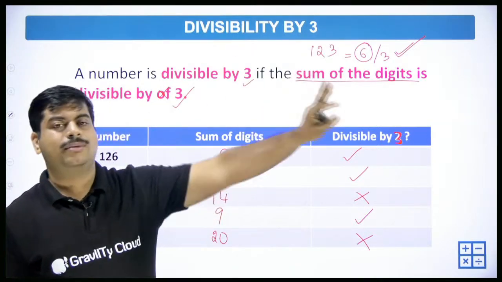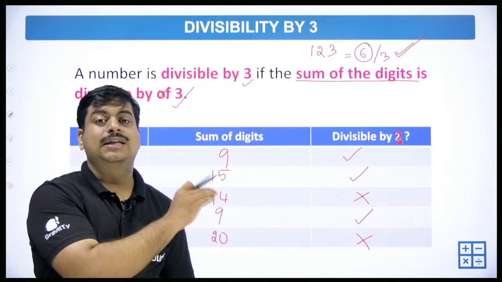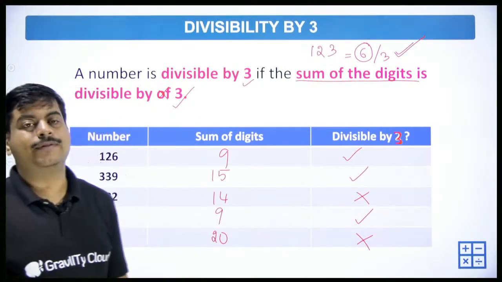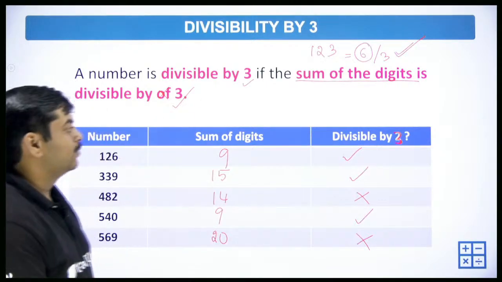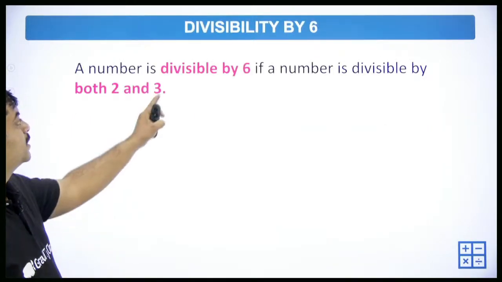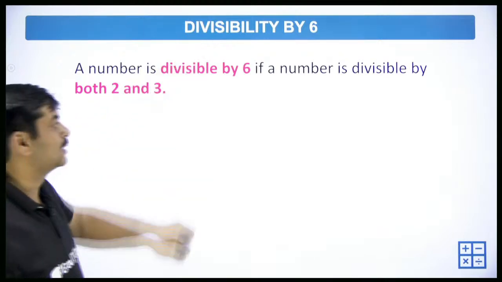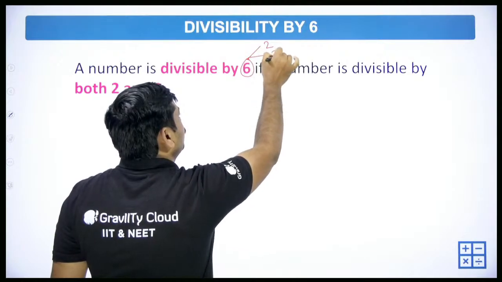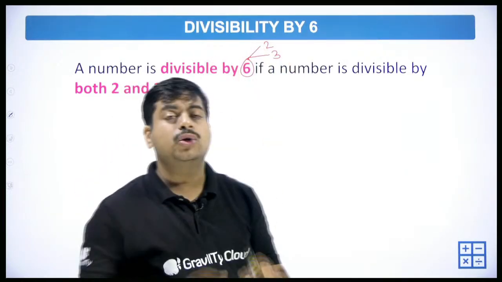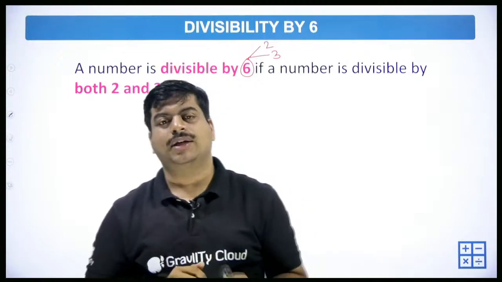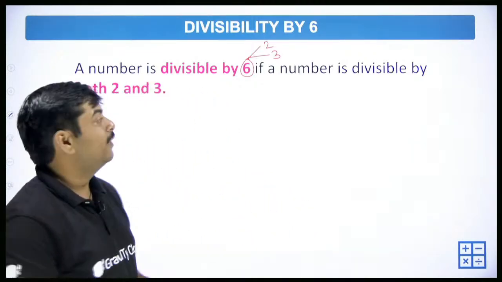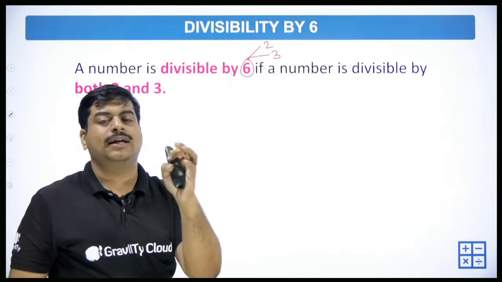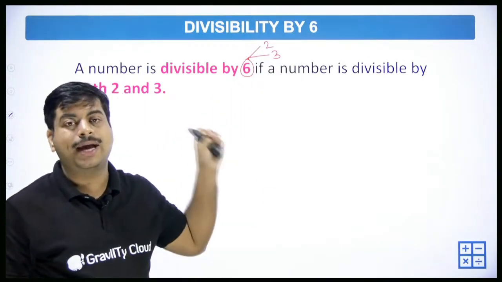Divisibility by 2, even number, done. Divisibility by 3, the sum of the digits should be a multiple of 3, divisible by 3. Okay, next one. A number is divisible by 6. When I discuss 6, I know 6 can be written as 2 into 3, and 2 and 3 are prime numbers. So if a number is divisible by both 2 and 3, it will definitely be divisible by 6.